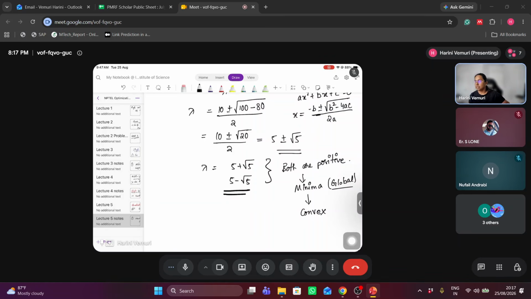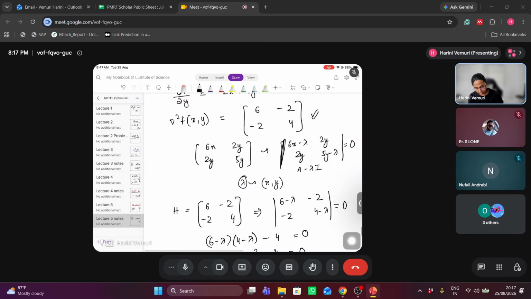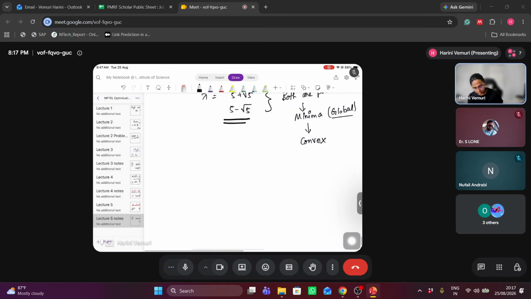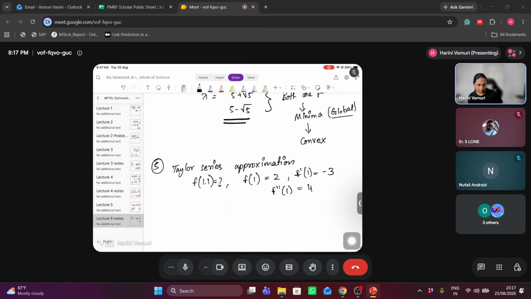Next problem. Give a Taylor series approximation up to second order for the value of f of 1.1, when we have f of 1 equal to 2, f dash of 1 equal to minus 3, f double dash of 1 equal to 4.